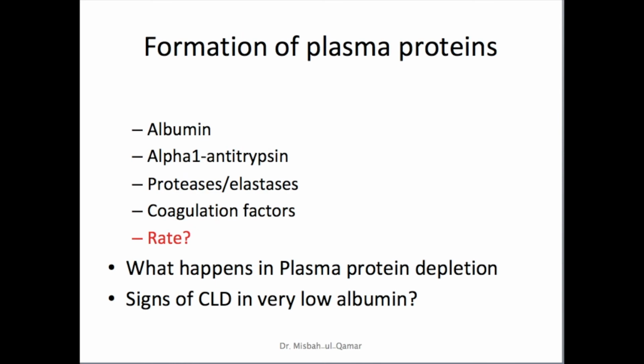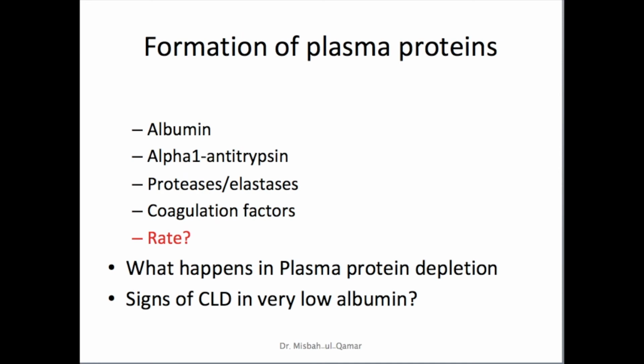90% of the plasma proteins are formed by liver, like albumin, alpha 1 antitrypsin, proteases, elastases, all the coagulation factors except factor 8 and von Willebrand factor. Maximum rate of plasma protein production by liver is 15 to 50 grams per day.